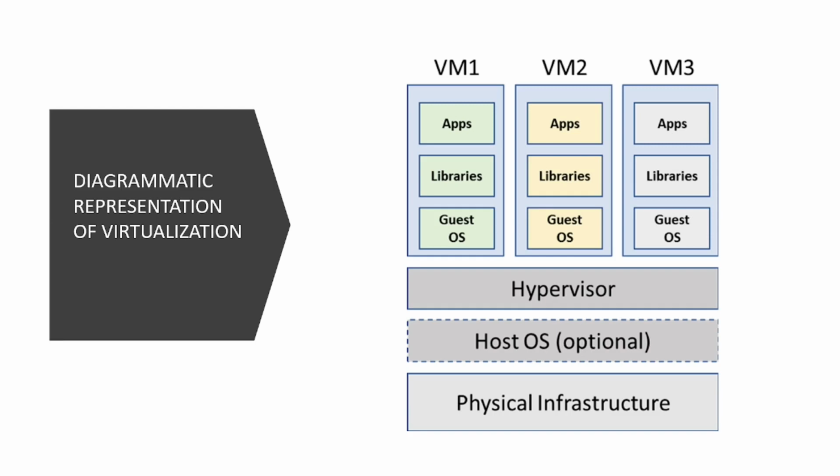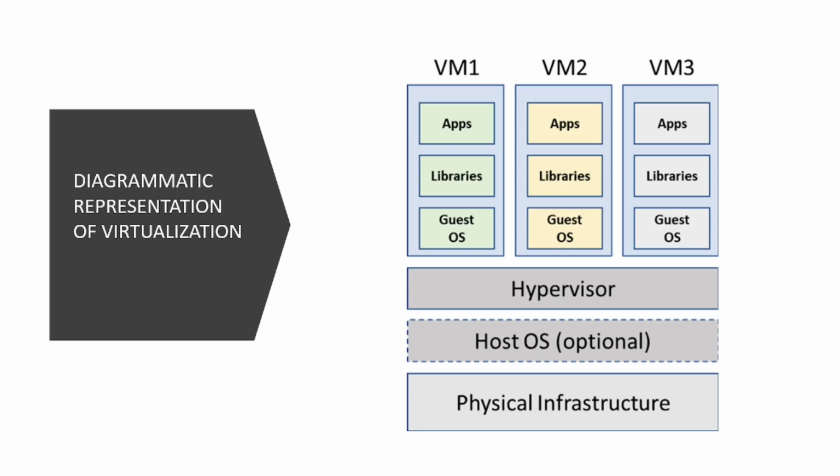To enable virtualization on any physical infrastructure, there is a unique technology that is specifically created. That is called the hypervisor, which you will find on the third layer. Hypervisors are generally installed over the host operating system.